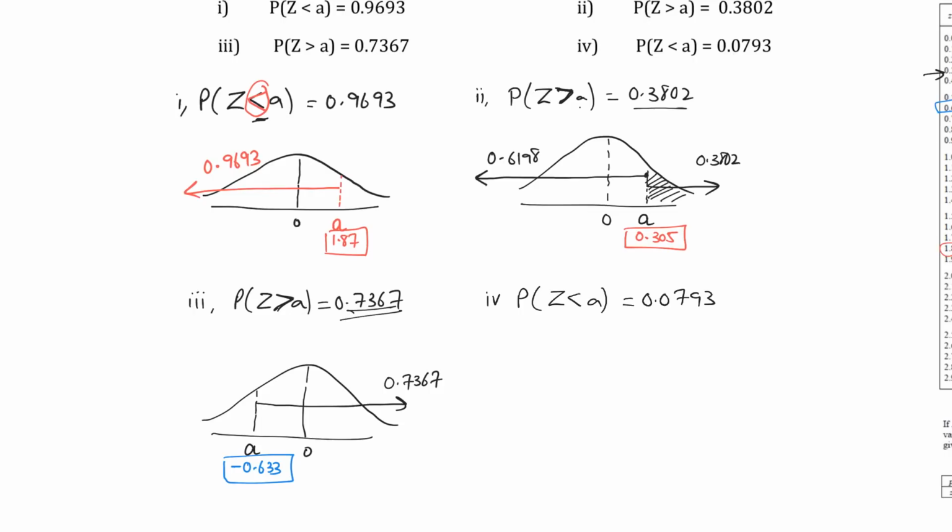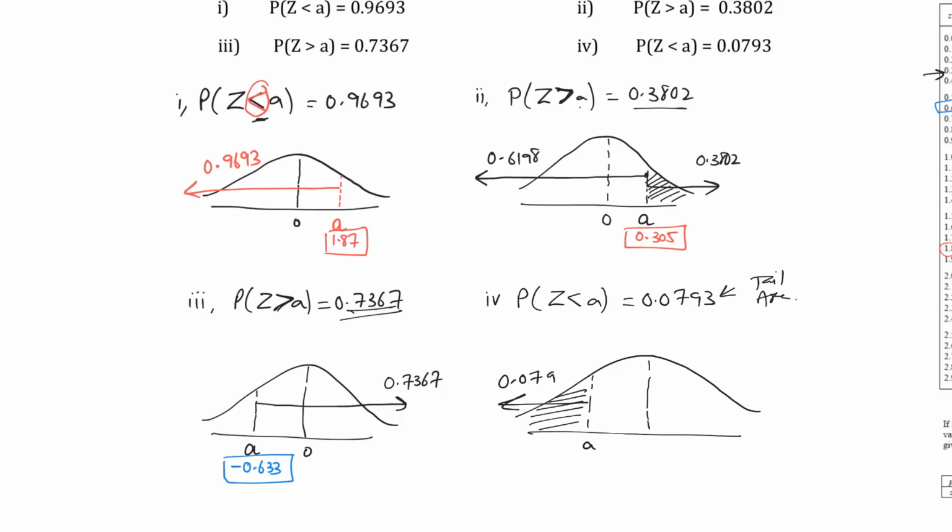So we can see that this area is the tail area, and Z less than A. So A should be placed in such a region such that the area below it is just the tail area. So A would be towards the left of 0. So obviously the Z value would be negative, but we cannot use the probability of the tail area from the table. So we will take the body area.